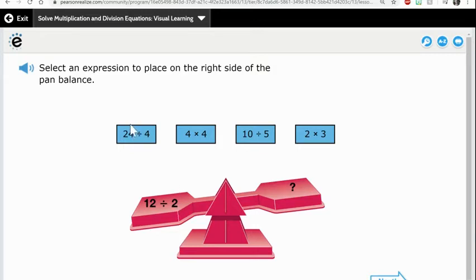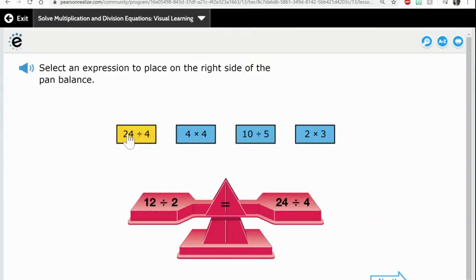So I'm looking for an equation, an expression that gives me the answer of 6. The expression that gives me the answer of 6, 24 divided by 4. 12 divided by 2 equals 6. 24 divided by 4 equals 6. 6 is equal to 6.